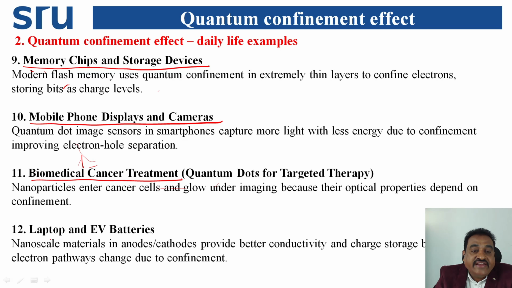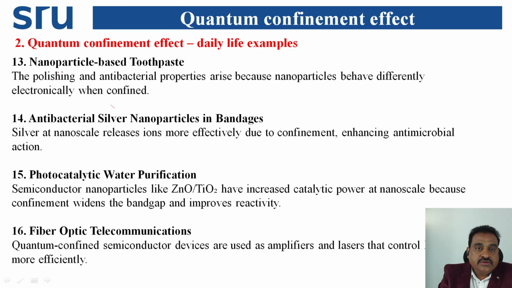So, laptop and EV batteries. Nanoscale materials in anodes or cathodes provide better connectivity and charge storage because electron pathways change due to quantum confinement. So, you can see nanoparticle based toothpaste, antibacterial silver nanoparticles.